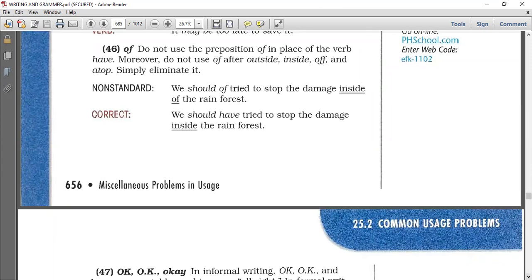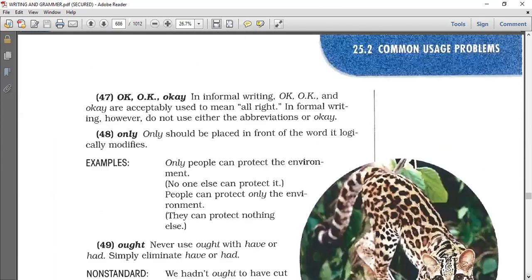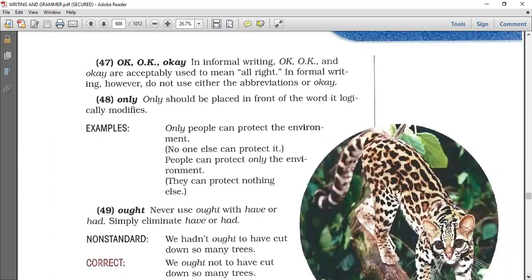Number 47, okay. In informal writing, OK, or O.K., and okay are acceptable, used to mean all right.